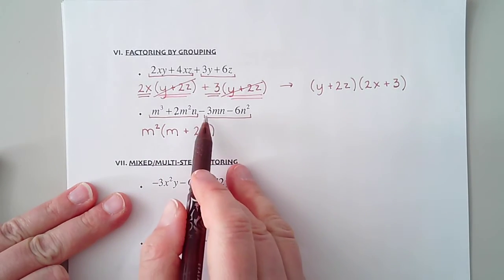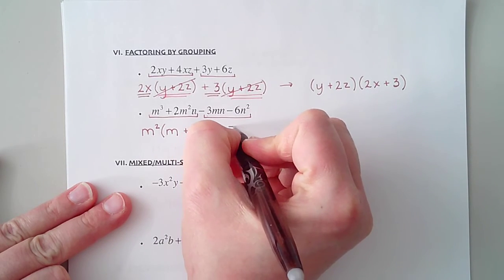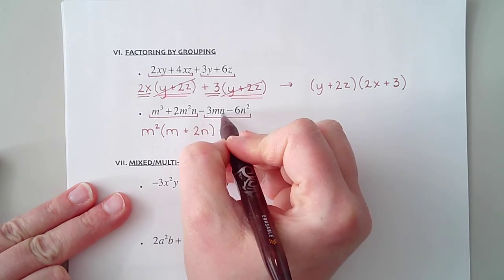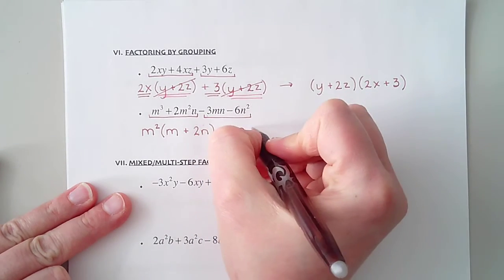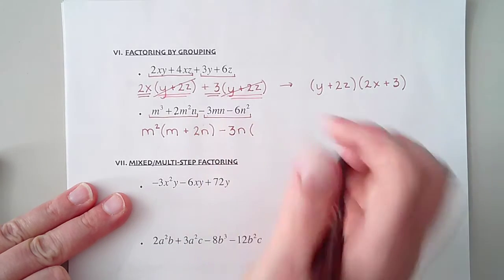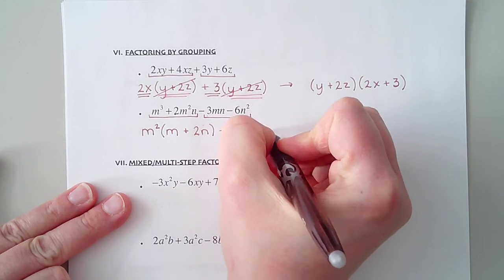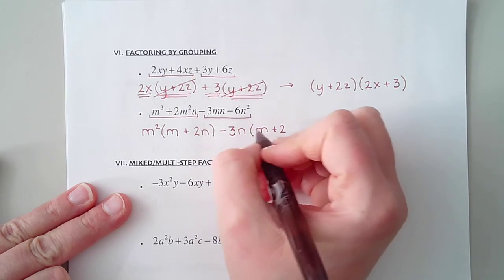Okay, these two terms, because they're both negative, I'm going to say that they share a negative 3, and then they both have an n in common. Okay, so with this first one, if I take out a negative 3 and an n, I'd be left with an m. And if I take out a negative 3, I'd be left with a positive 2.